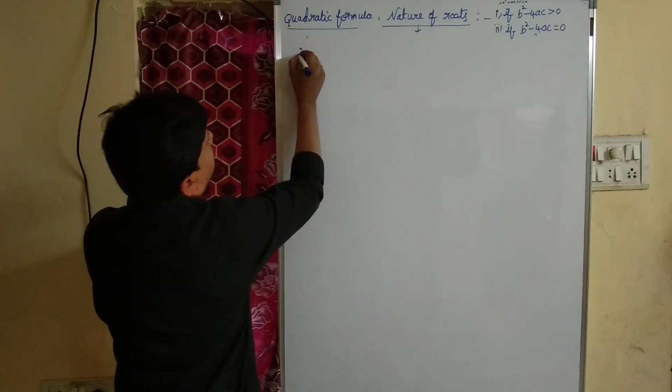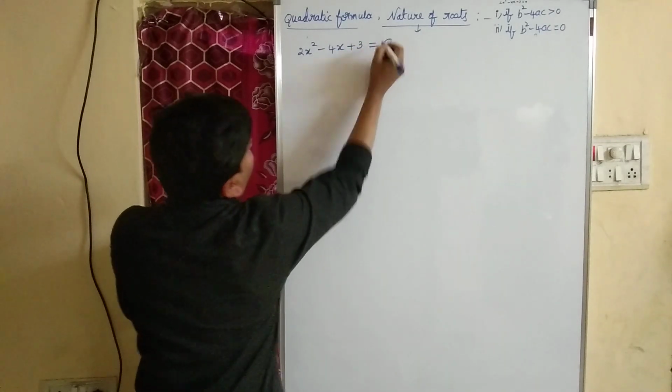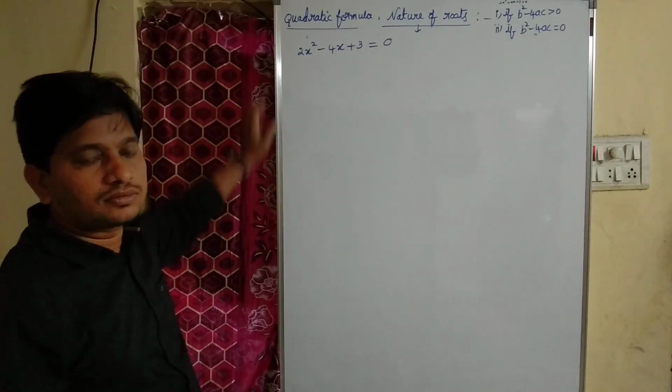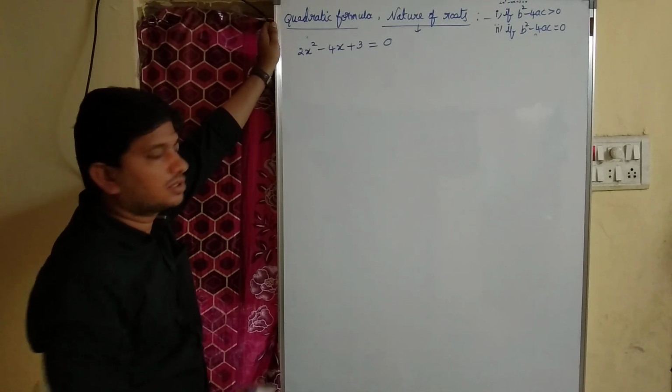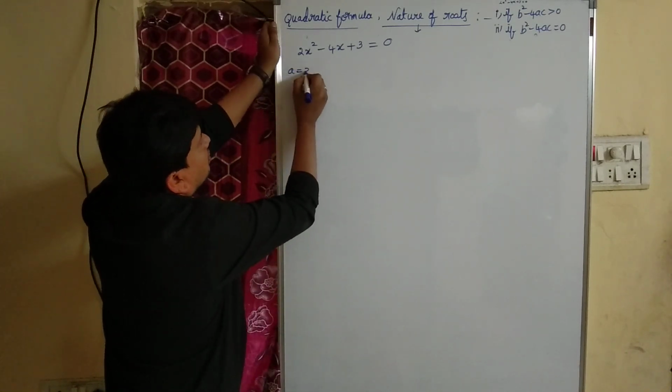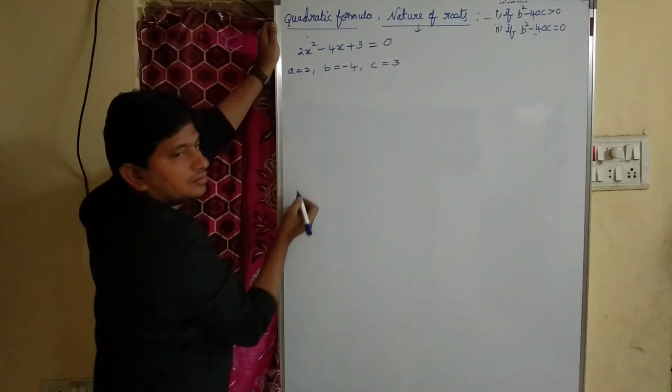Okay children, now let us see one more equation, that is 2x square minus 4x plus 3 equal to 0. As the value of a is 2, b value is minus 4 and c value is 3.